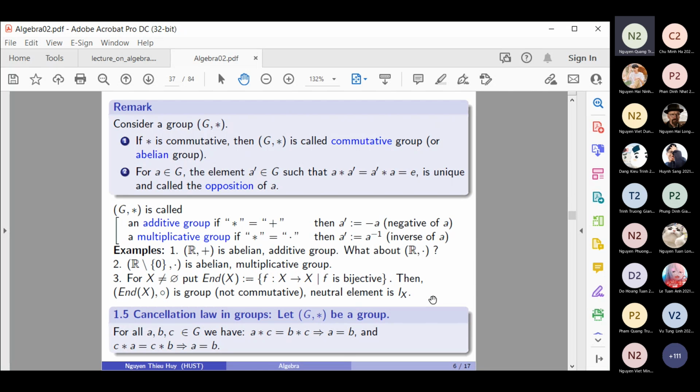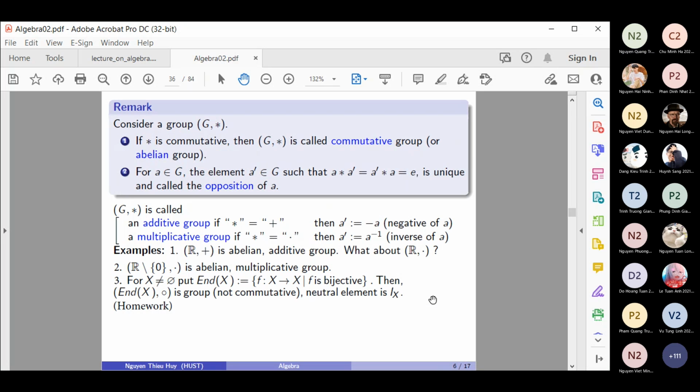Up to now we have discussed infinite groups, but the definition of a group does not require the set to be infinite. So as far as I know, there is a finite group, called a symmetric group.